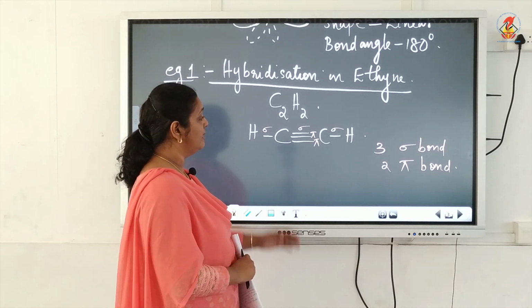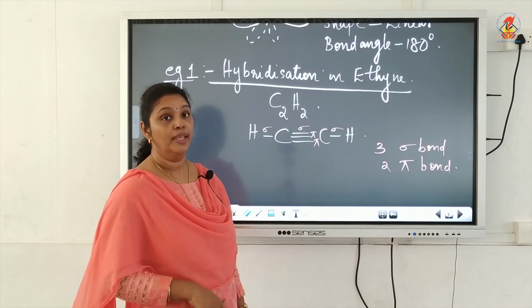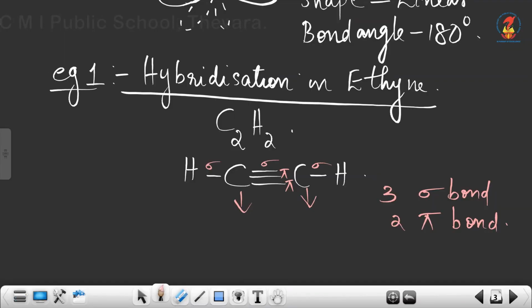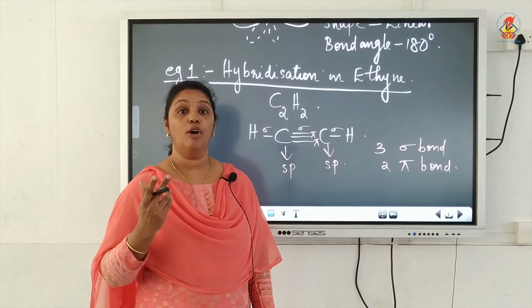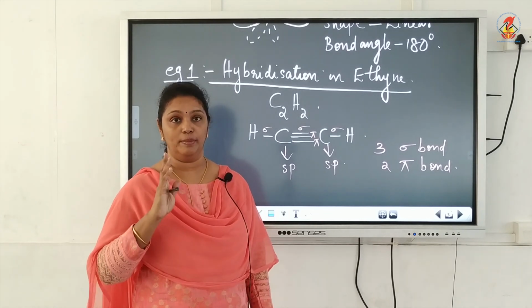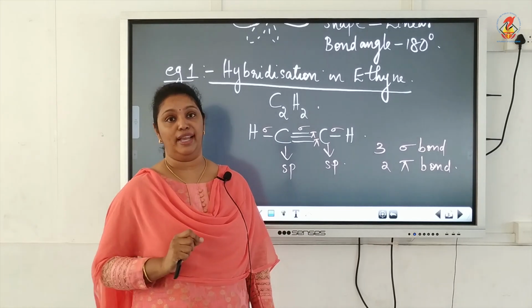Okay. Now let's explain the formation of this ethyne molecule with the help of hybridization. Now in ethyne molecule, each carbon atom will undergo sp hybridization. So what will happen? How many sp hybrid orbitals are formed? 2 sp hybrid orbitals are formed on each carbon atom.